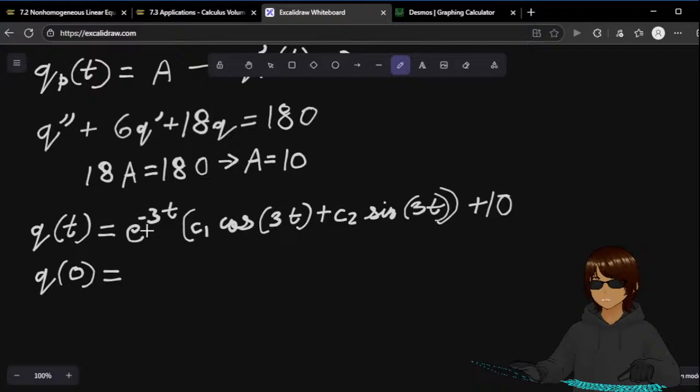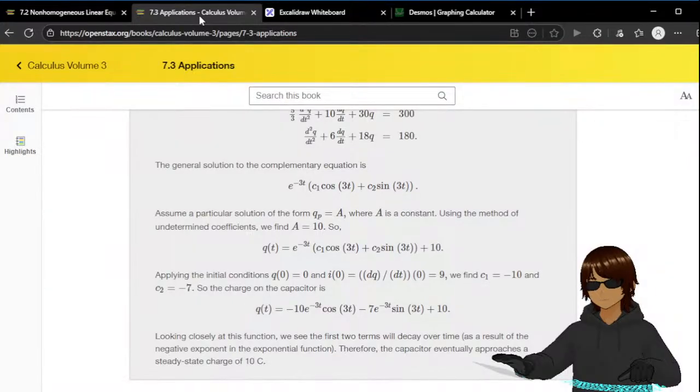Cos 0 is 1, and we've got 10 over here. Sine 0 is 0. So this is C1 plus 10, right?